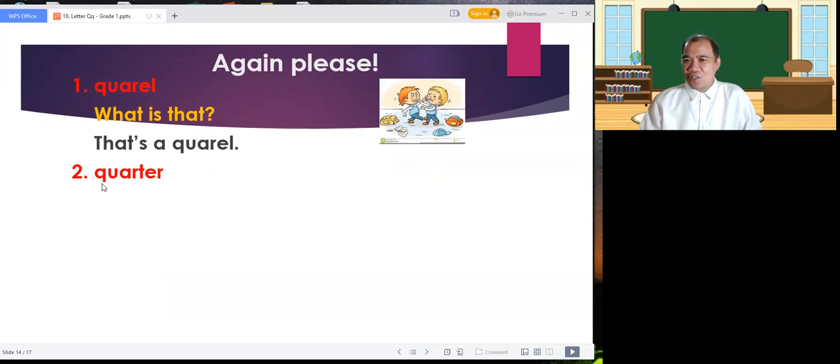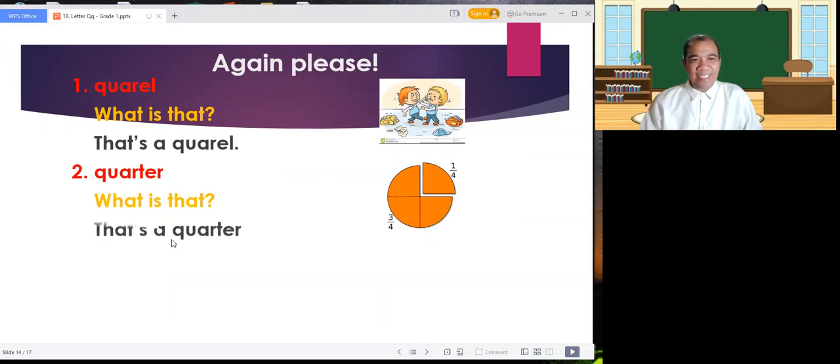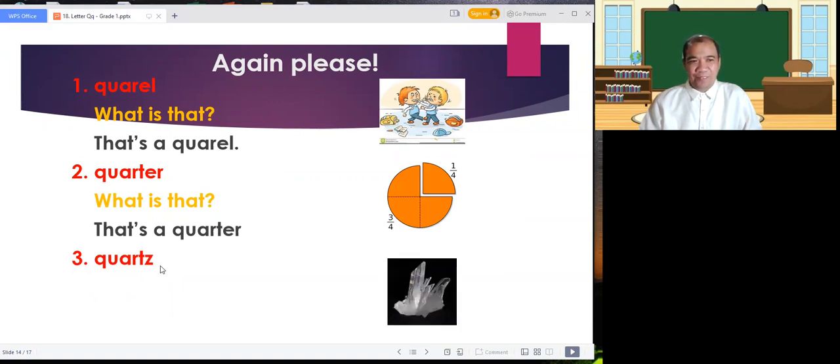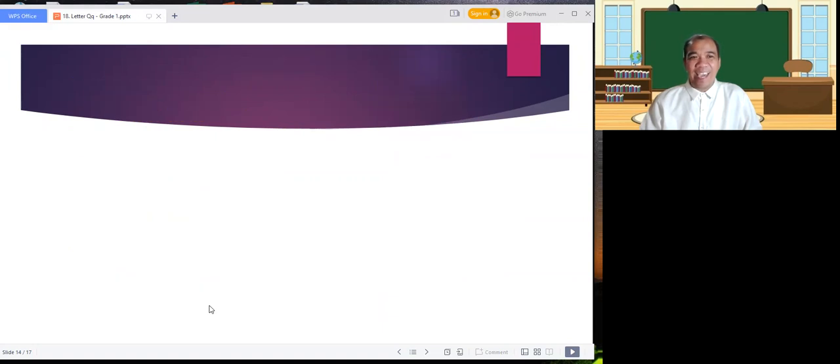Quarter. What is that? That's a quarter. Quartz. What is that? That's a quartz. Okay. Let's have more words, okay?